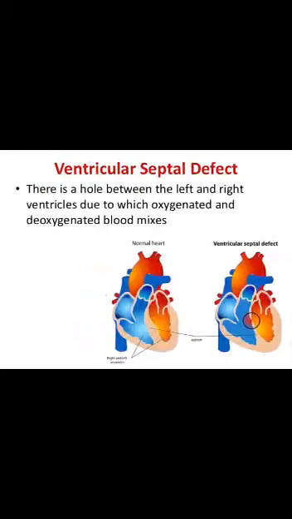The defect is present between the right and left ventricles. A hole in the wall between the two lower chambers, or ventricles, of the heart is called a ventricular septal defect. You can see this in the image.